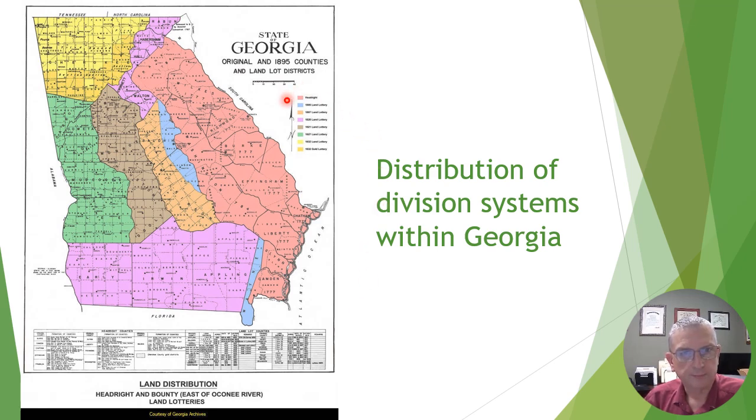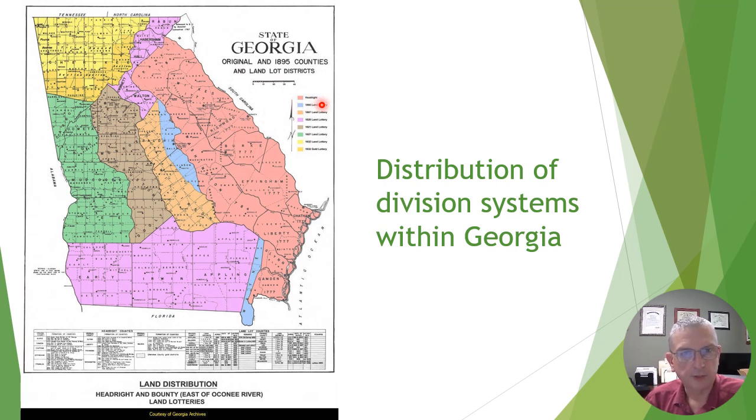You'll see that the pink here are the original headrights areas in the original Georgia counties. The original Georgia counties are in larger print and solid lines. The current boundaries are in smaller print and in dashed lines.